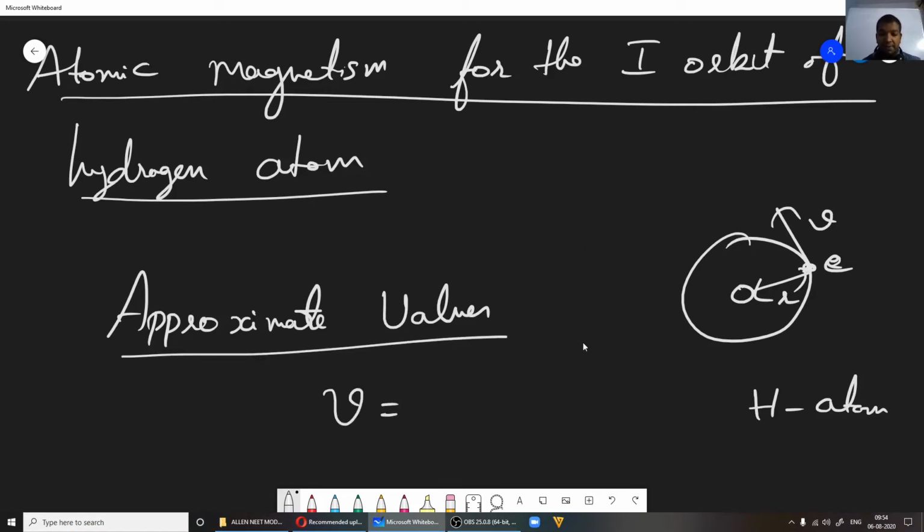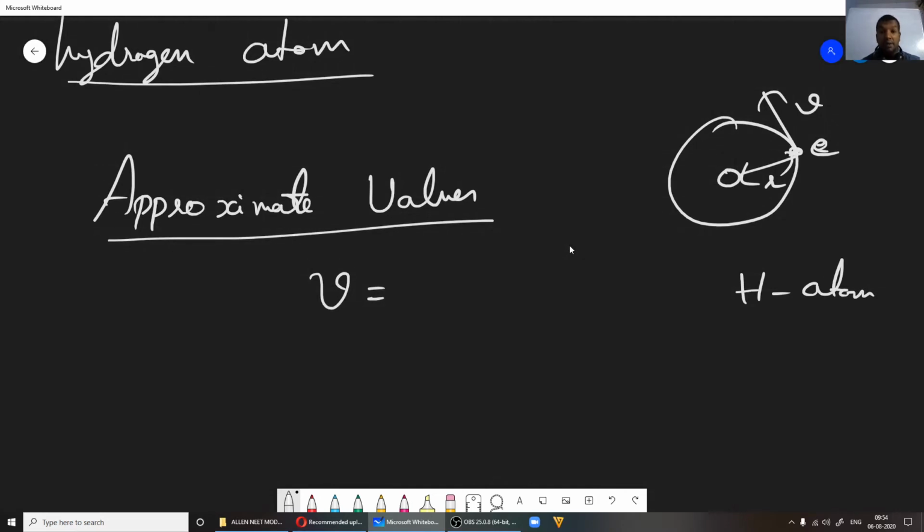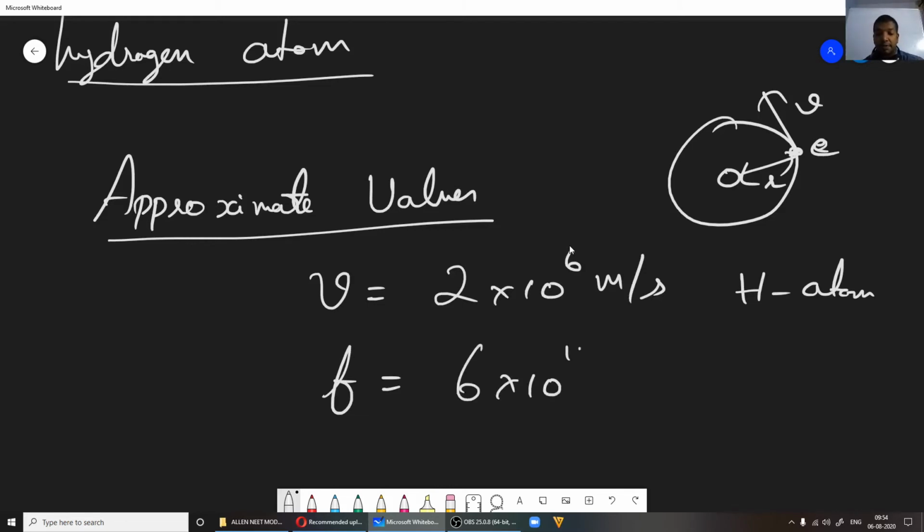It is found that the approximate magnitude of the velocity is 2 into 10 power 6 meter per second. And the frequency of revolution, how many revolutions in 1 second, is found to be 6 into 10 power 15 revolutions per second, or you can simply say hertz, no problem.